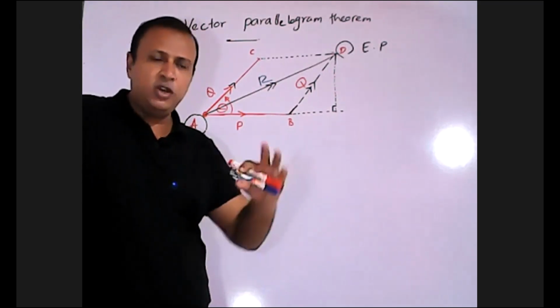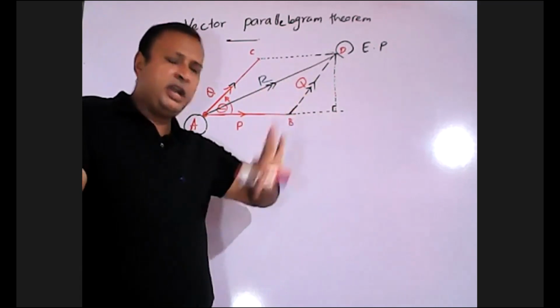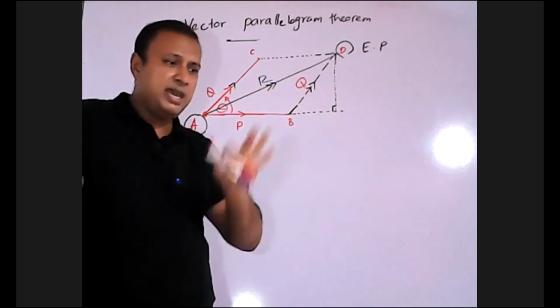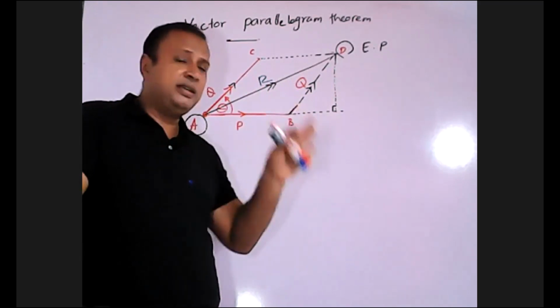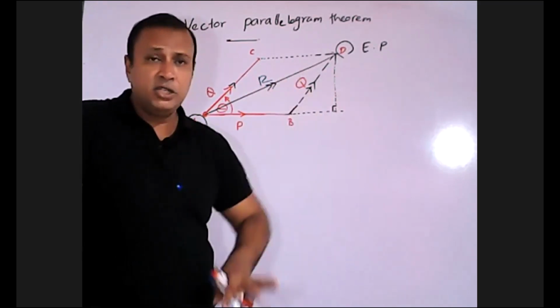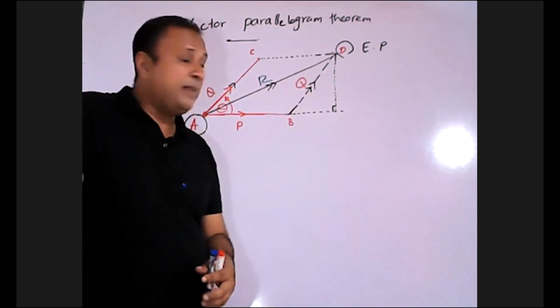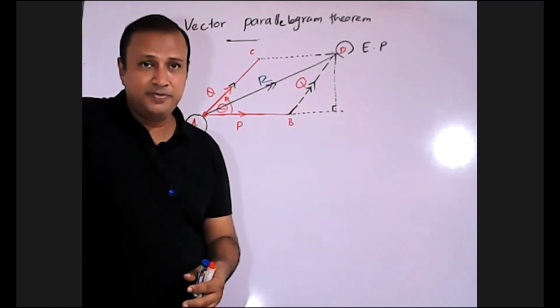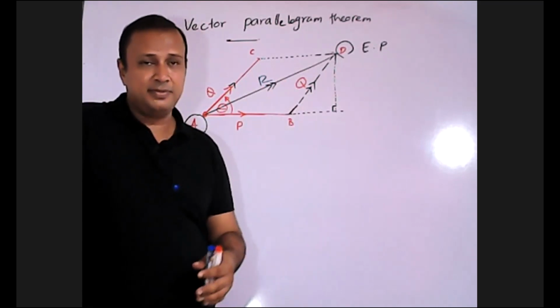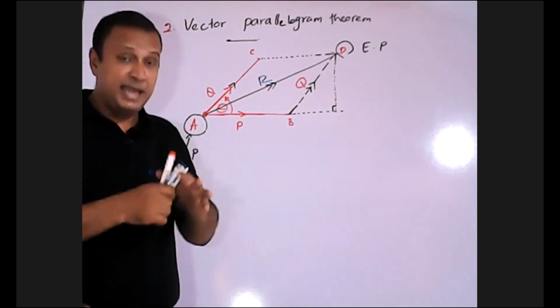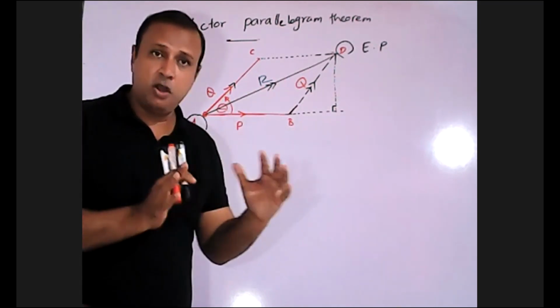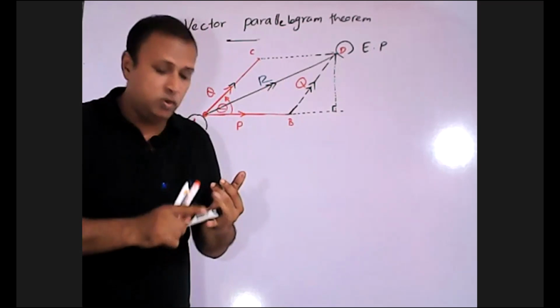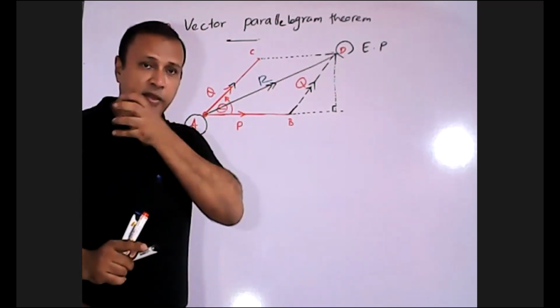According to our definition, a vector is a physical quantity that has a magnitude and a direction. That is the common feature of any vector: magnitude and direction.